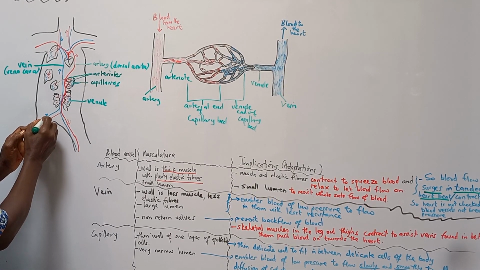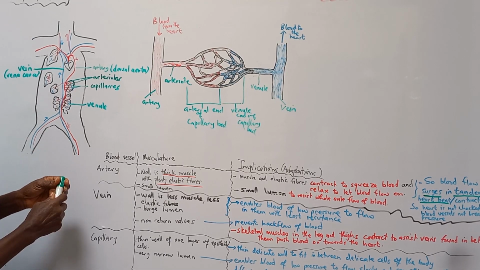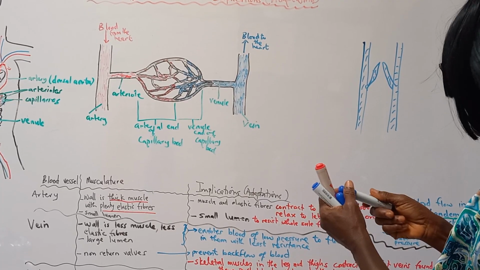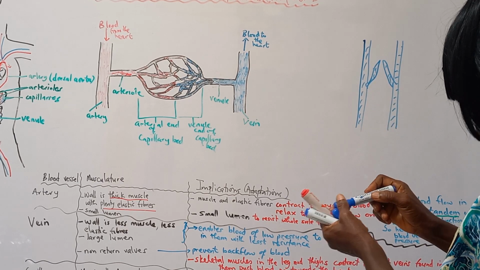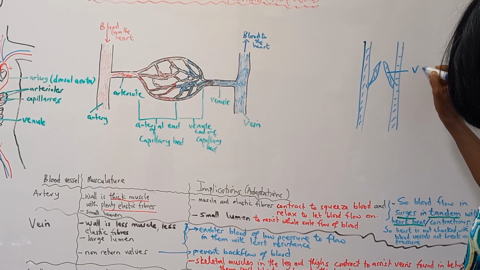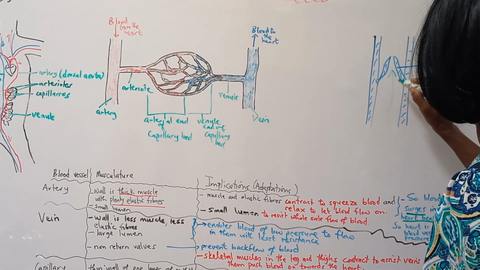So the veins, to allow blood to flow in one direction easily, have what are called non-return valves. If this is a vein, the vein has these non-return valves. This is a valve, and blood flows in one direction.